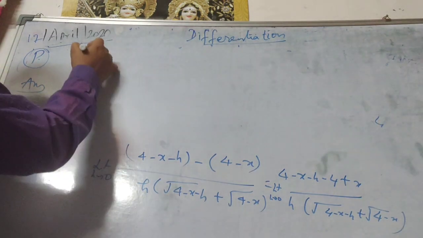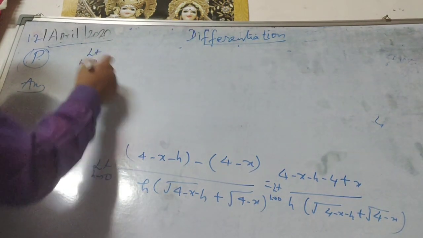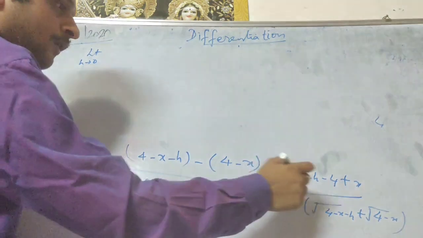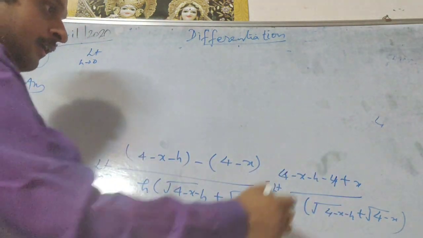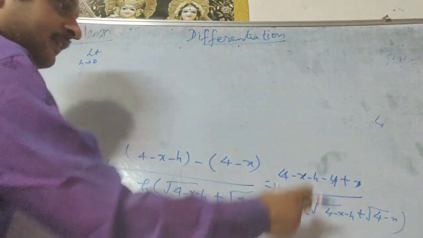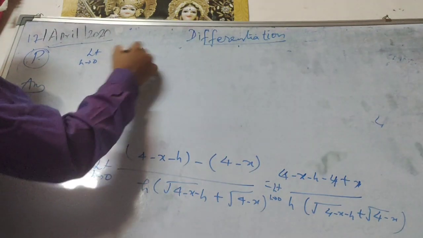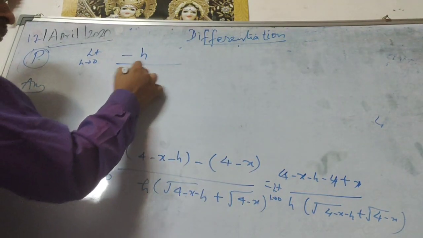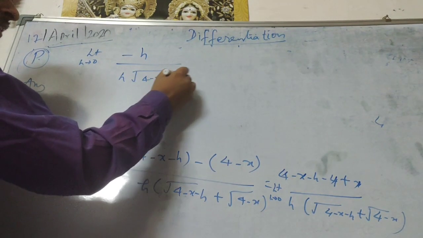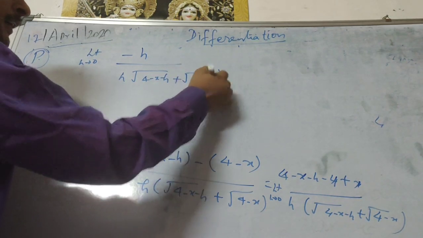Then when I simplify, 4 minus 4 will get cancelled, minus x and plus x will get cancelled. I have only minus h by h root of 4 minus x minus h plus root of 4 minus x.